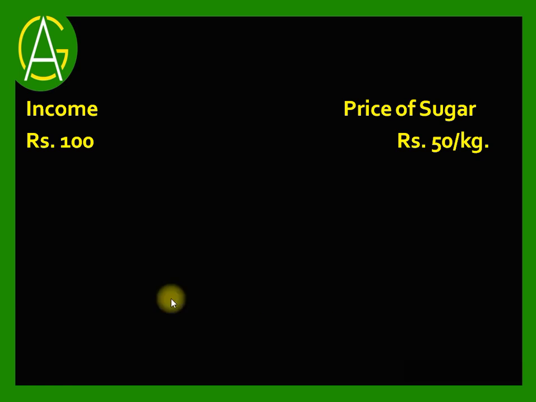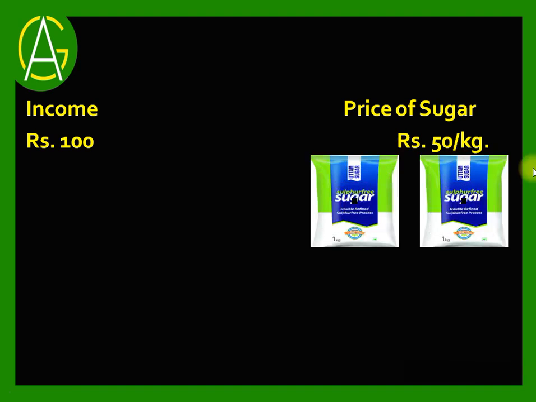Suppose the person is earning 100 rupees and with this 100 rupees he is purchasing sugar, which has a price of 50 rupees per kilo. Now with 100 rupees, how much sugar can be purchased? He can purchase 2 kilo of sugar. His purchasing power, we can say, is 2 kilo.